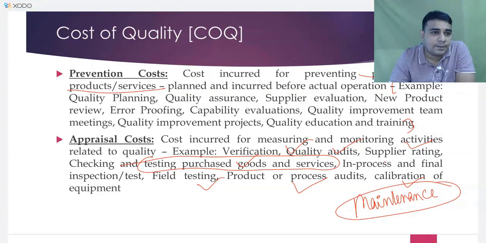Preventive maintenance will come under prevention cost. Breakdown maintenance will come under internal failure. So the nature of an expense can change based on additional information. Sometimes I may need extra information to do a proper classification. Initially I may proceed with the classification, but sometimes I may write a note also.